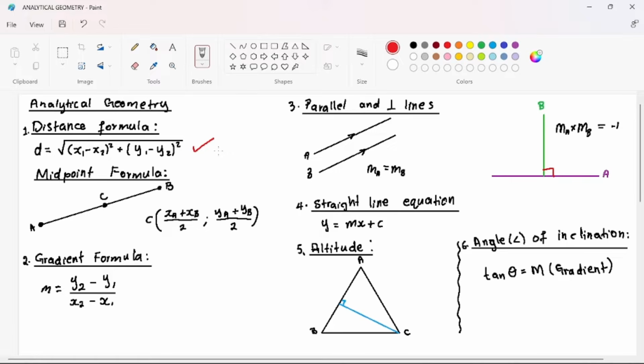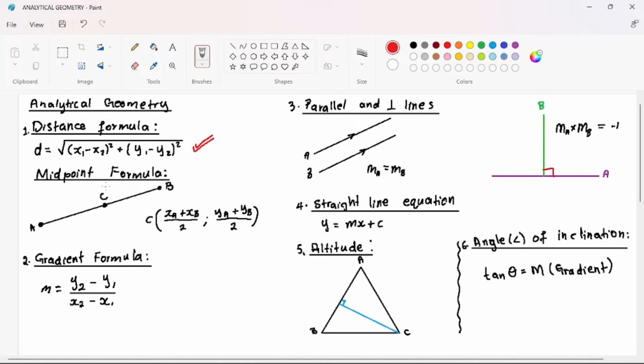Sometimes they might give you the distance and then ask you to find the other coordinate, right? So basically you are going to use this formula if you hear anything in your question that involves distance, right?